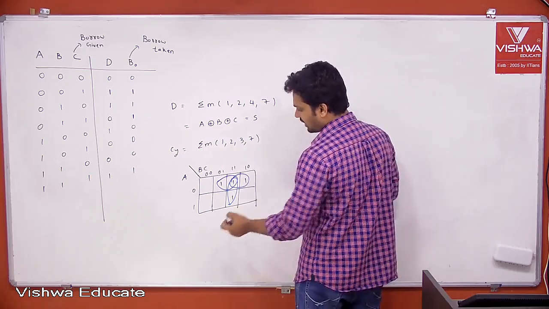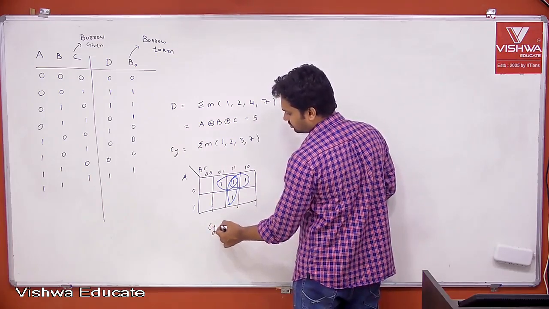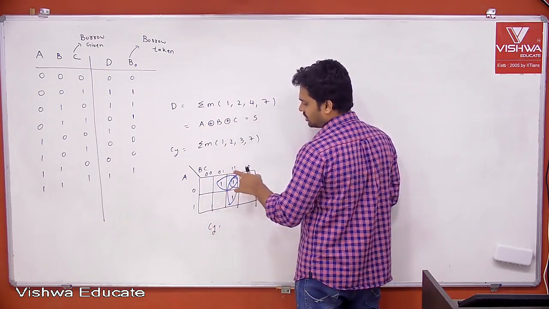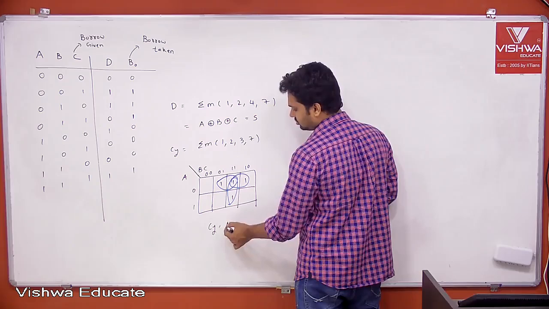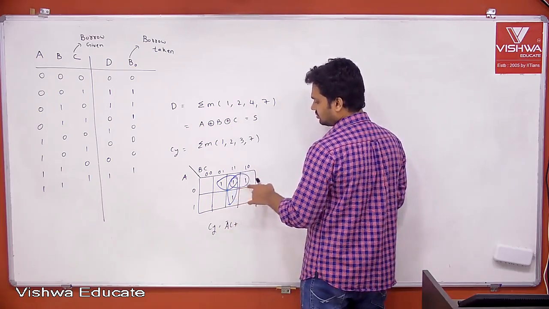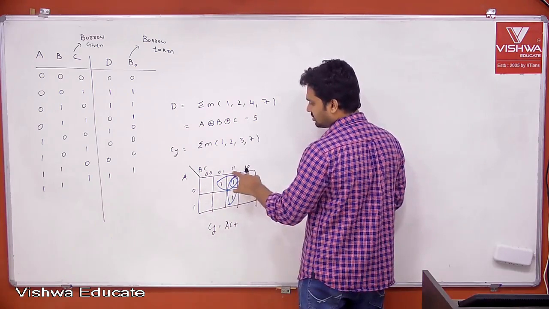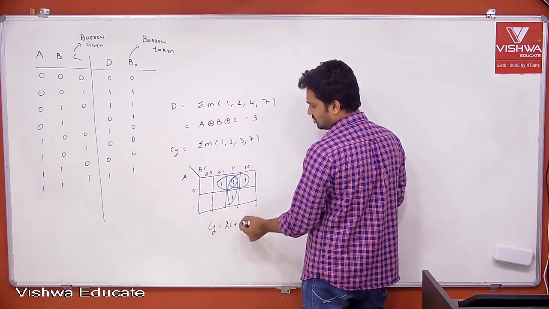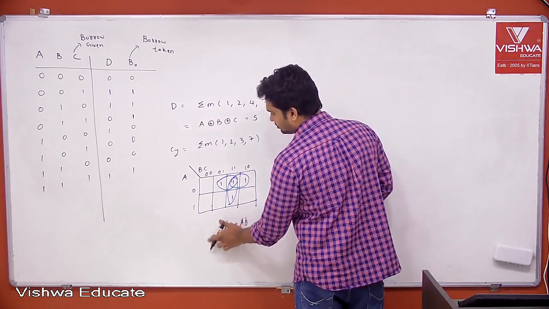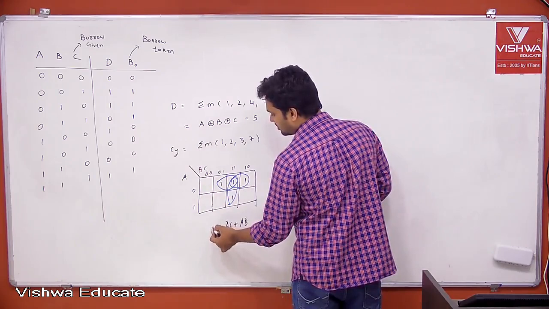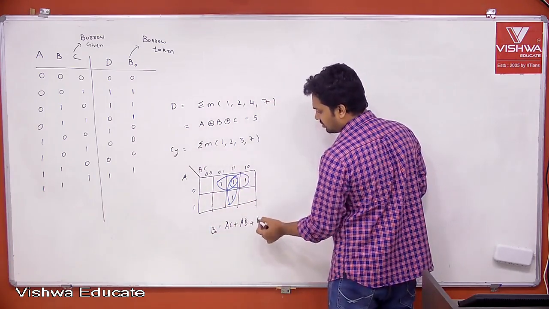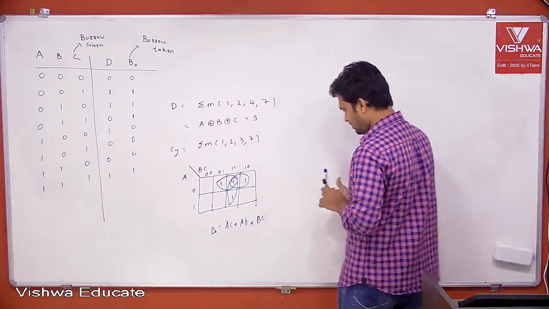Then what is the borrow? A bar into what is here, C, plus A bar into what is common here, B. Not carry, sorry. This is the difference and this is the borrow required. Plus B into C.